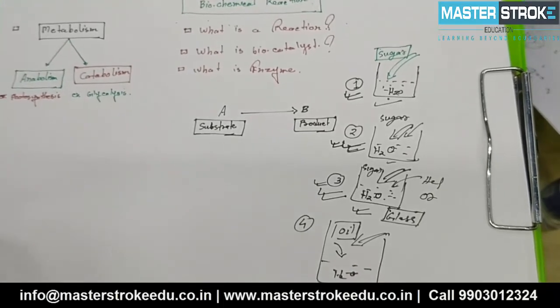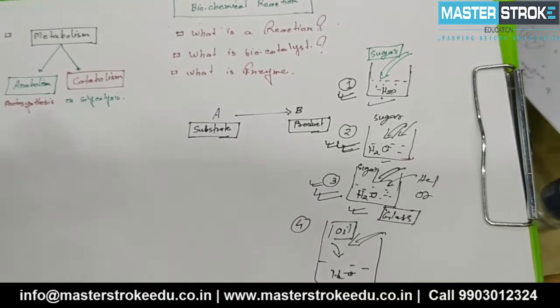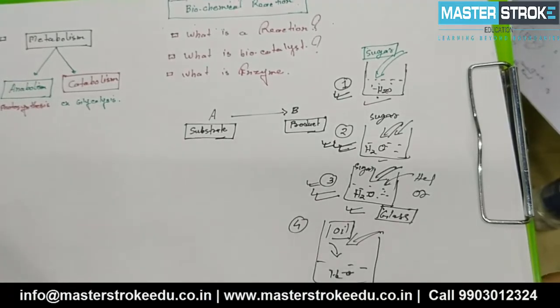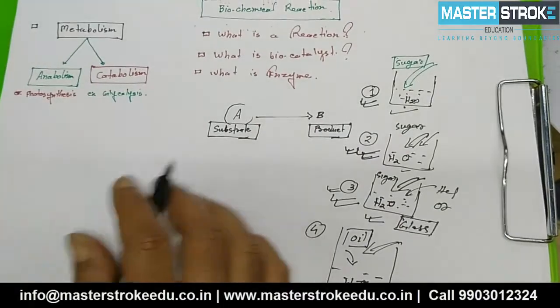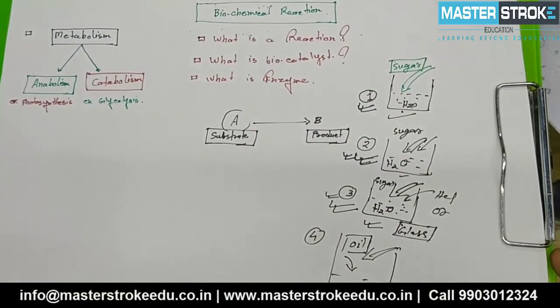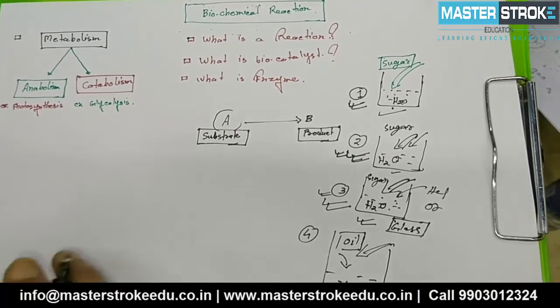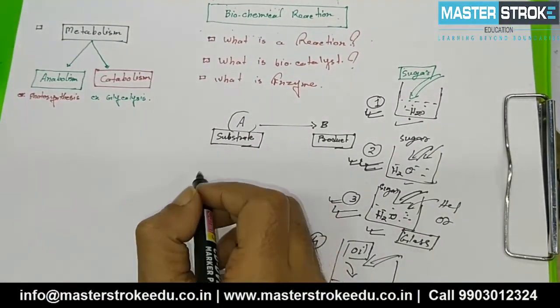So if a reaction is possible, it will occur, and if the reaction is not possible, it will never occur. If A can be converted to B, the substrate will easily be converted to product. But if there is no possibility that A will convert to B, you cannot bypass it and you cannot convert A to B.